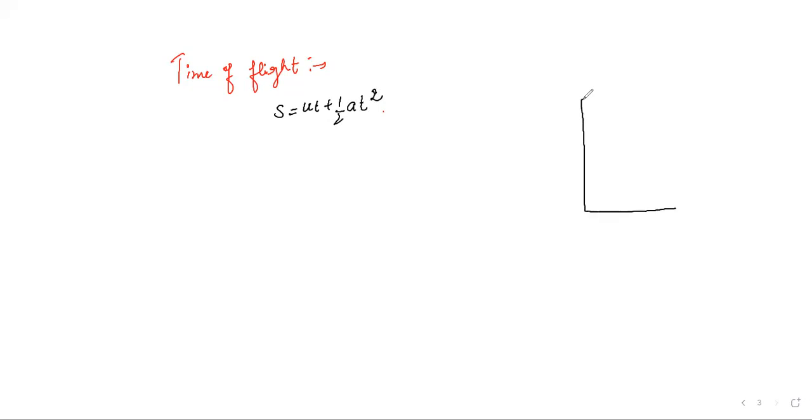If I draw this diagram again, now the net vertical distance covered by the projectile is 0. Therefore, S equals 0 here. We are taking vertical motion.